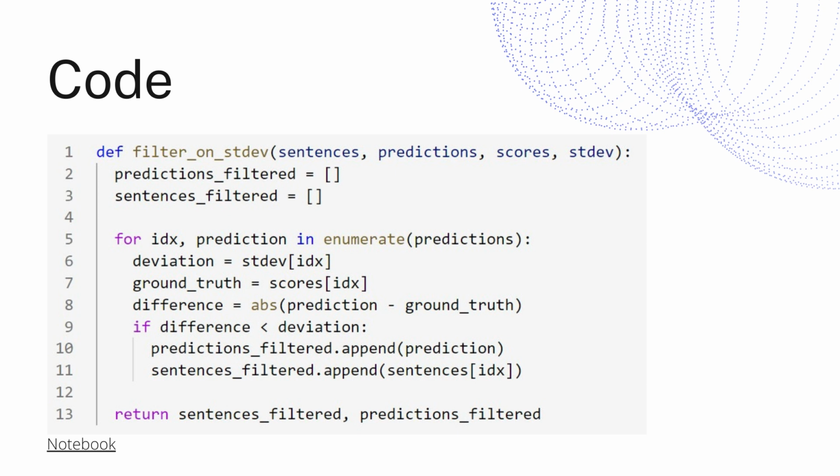Then we take in the scores, which are the scores of the corresponding sentence in the original training set, and we take the respective standard error.